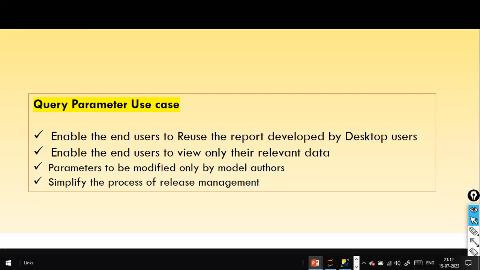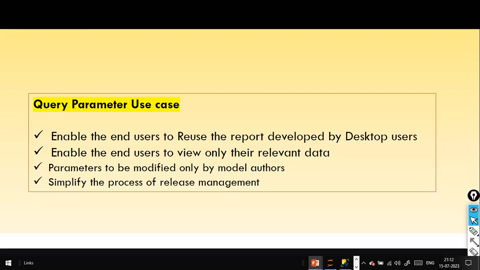You have created only one report. In that report, you are showing only the North region data to the North region managers or VP sales. In that way, you are restricting the users to view only the respective data, and at the same time, you are reusing the same report. You are not creating multiple reports for different regions or different managers.